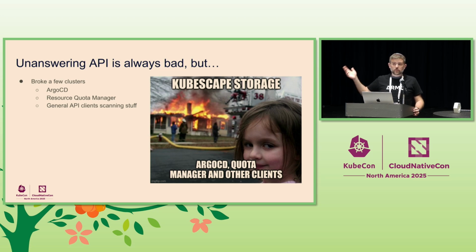For example, Argo CD starting to scan for objects, and the resource quota manager in Kubernetes were hanging our APIs, making API requests in ways that we never imagined someone would. So these things were super hard for us.